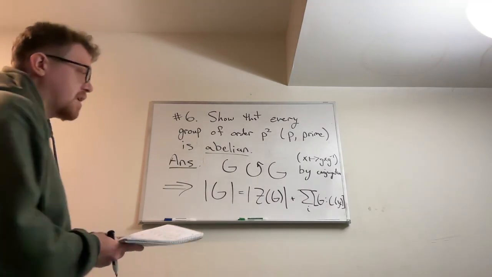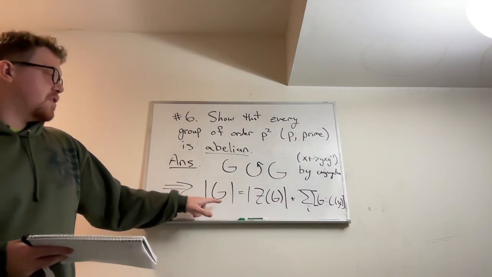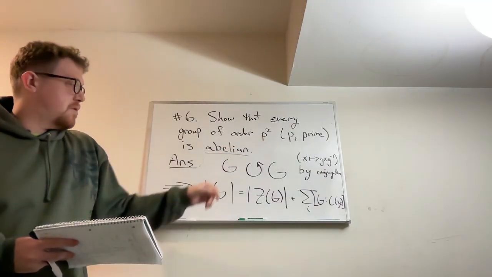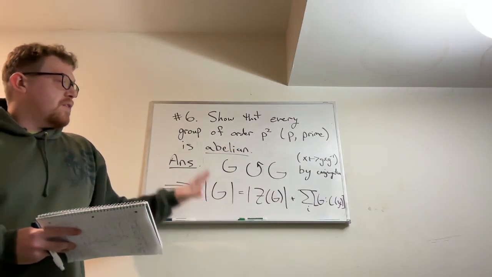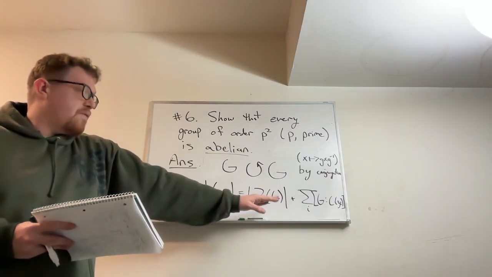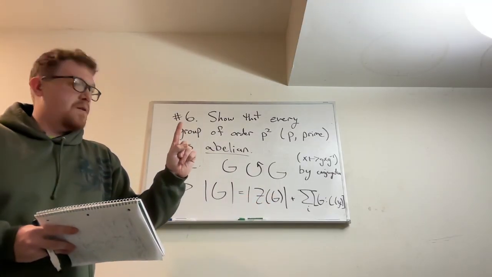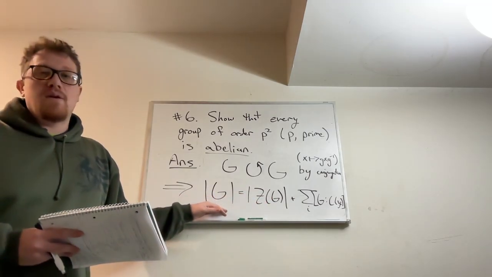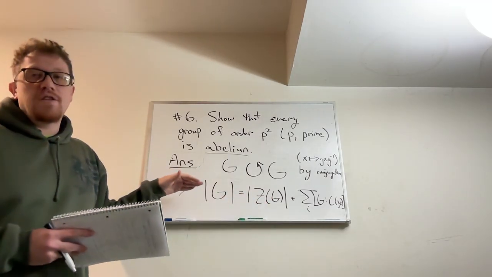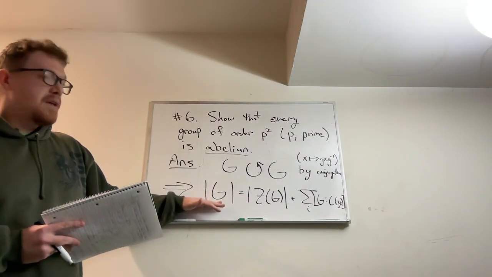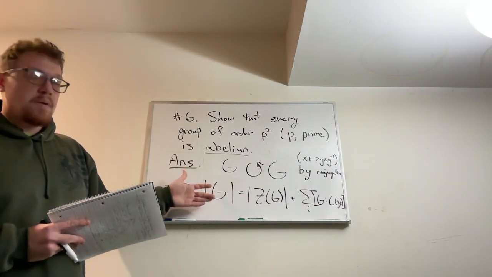Okay, but if we look at this mod p, if we assume that the left-hand side is of size p squared, which is what the problem asks, and we assume that the center only had one element, the identity, then these two sides could not be congruent mod p. The left-hand side is congruent to 0 mod p, since p squared is divisible by p.